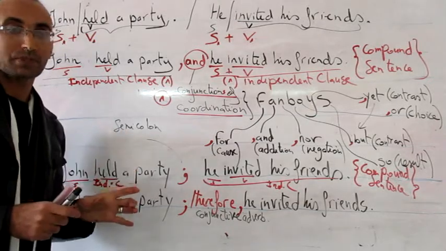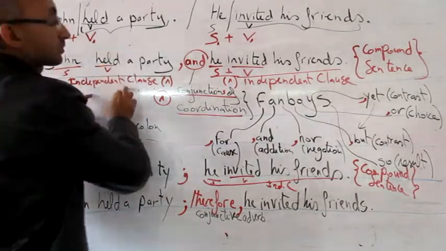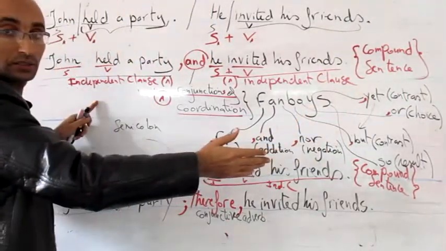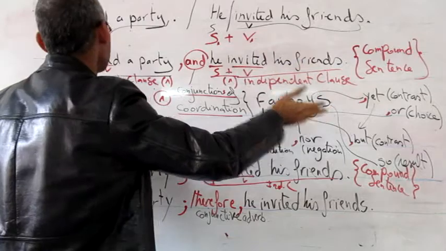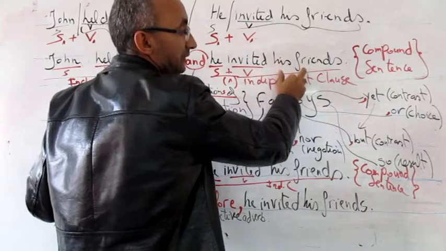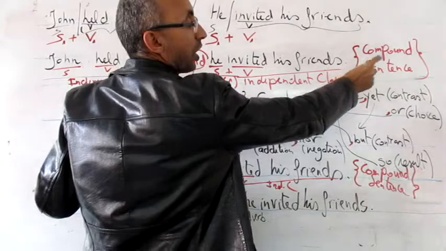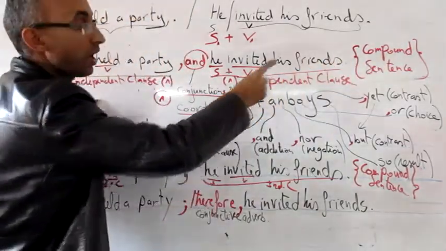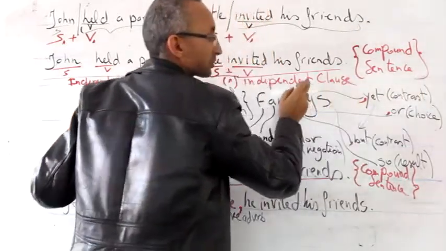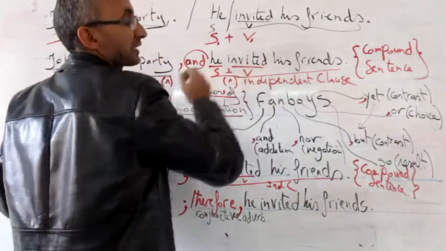The compound sentence consists of what? Two or even more. For example, I write, John had the party and he invited his friends. Therefore, all of them came. Therefore here joins also another, third independent clause to my previous part of the sentence.